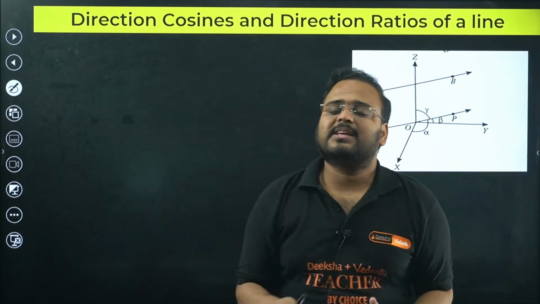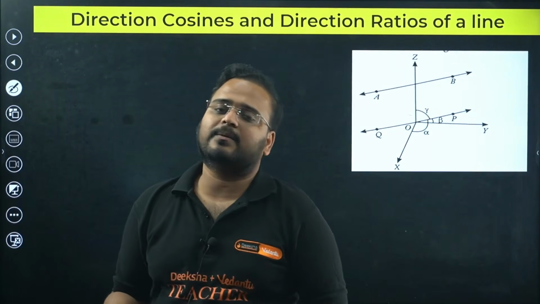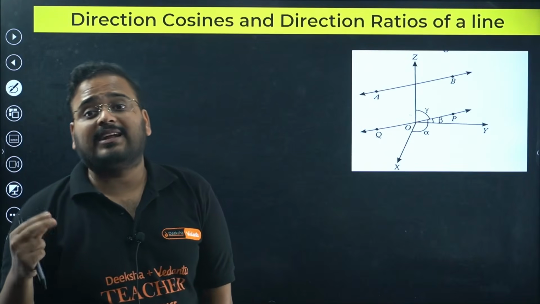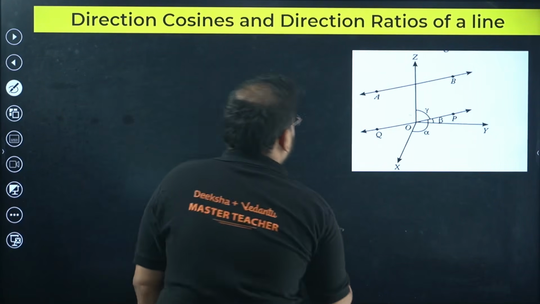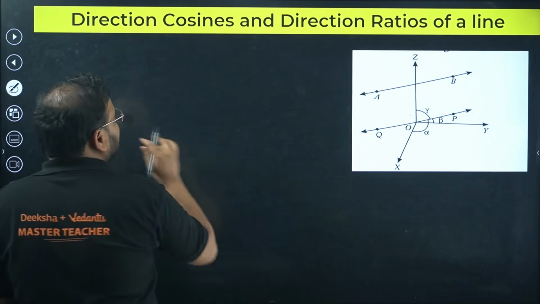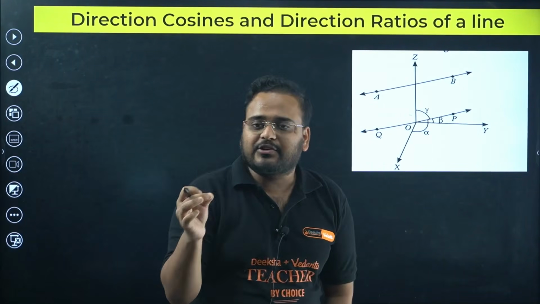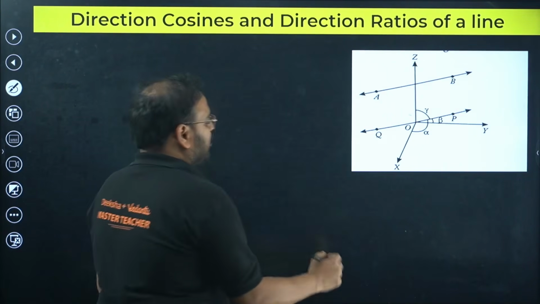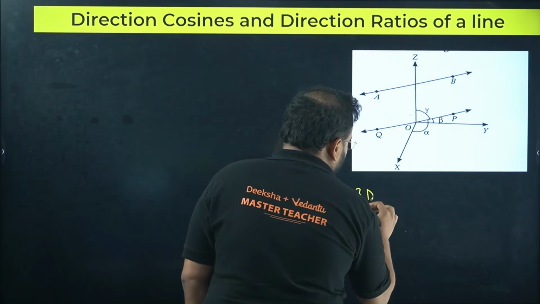So the first thing, we already discussed this in vector algebra, but over here also let me recall direction cosines and direction ratios. If you talk about direction cosines, it is the angle made by a vector or line with the x, y, z axis, because we are talking about 3-dimensional geometry now.